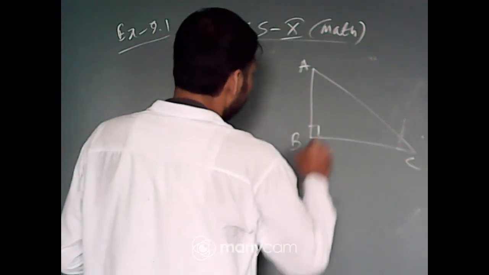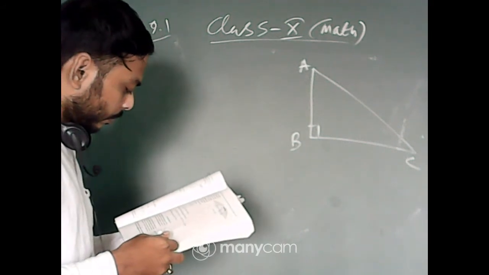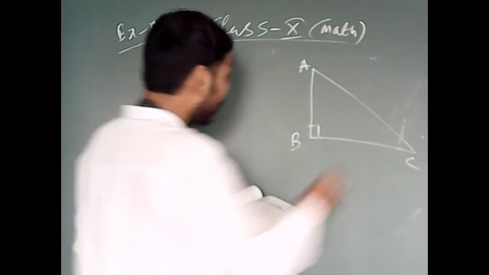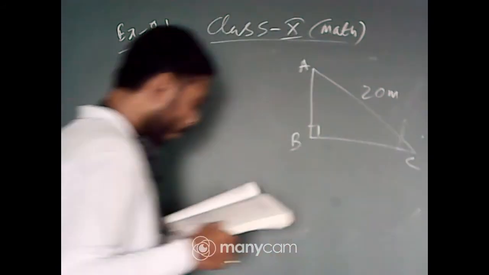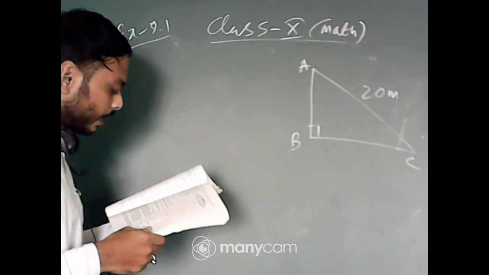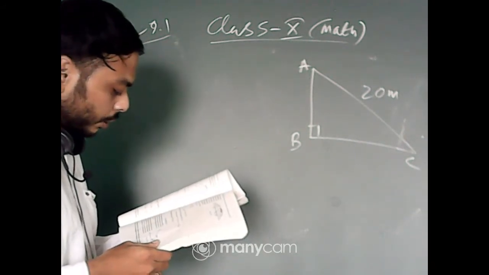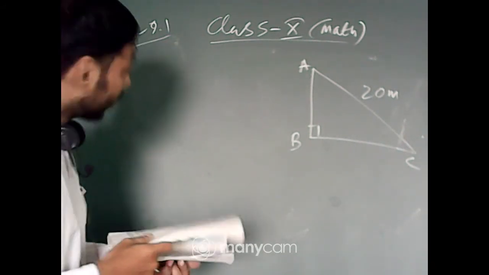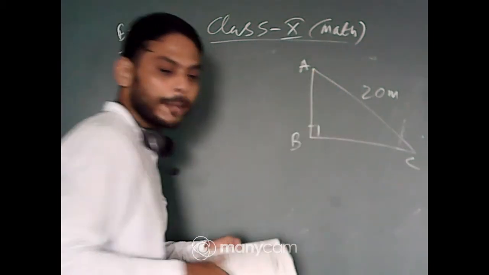Right angle at B. AC equals 20 meters, the long rope which is tightly stretched and tied from the top of the vertical pole to the ground. You are asked to find the height of the pole. Here the height of the pole is AB.